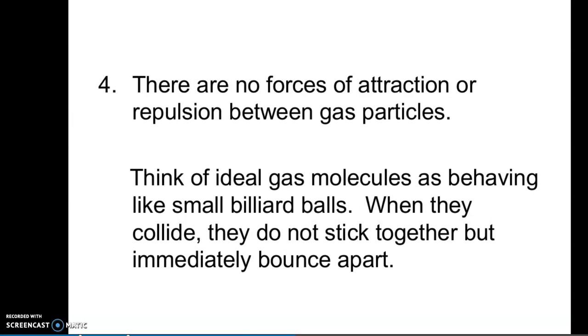The fourth assumption is that there is no force of attraction or repulsion between gas particles. Why? Because gas particles are far apart.